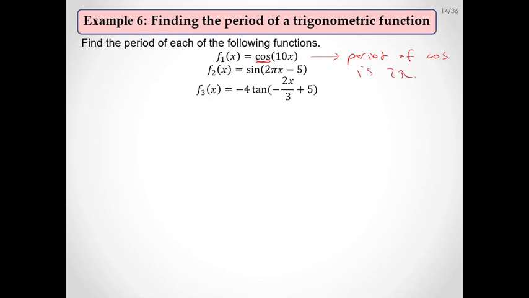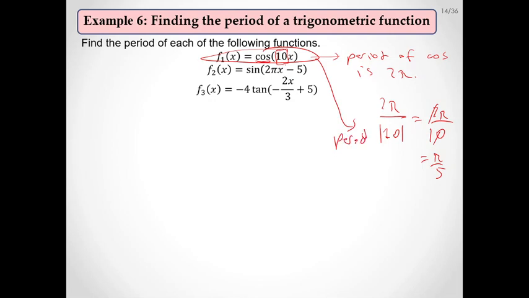Now, the rule says the period of this function will be 2 pi over the absolute value of 10, which is 10. So the new period will be pi over 5. So the period of f1 will be this.